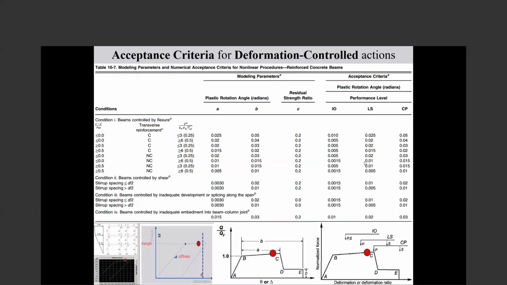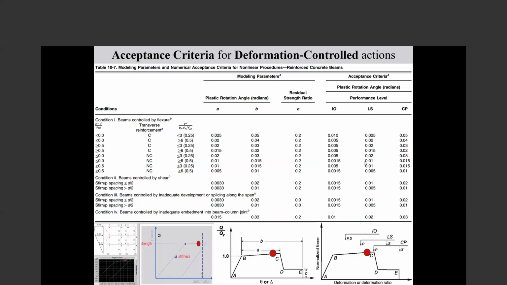But because they don't provide this acceptance criteria, they go like this. They say, you do the nonlinear pushover. You accept it for a new building. But you should calculate the target displacement.